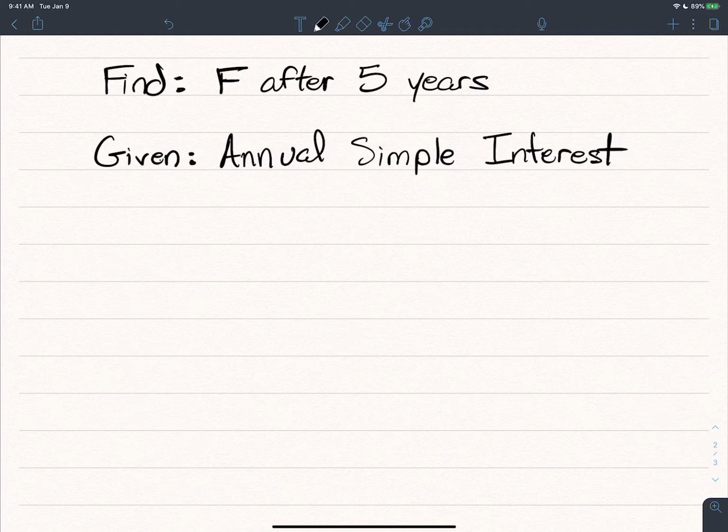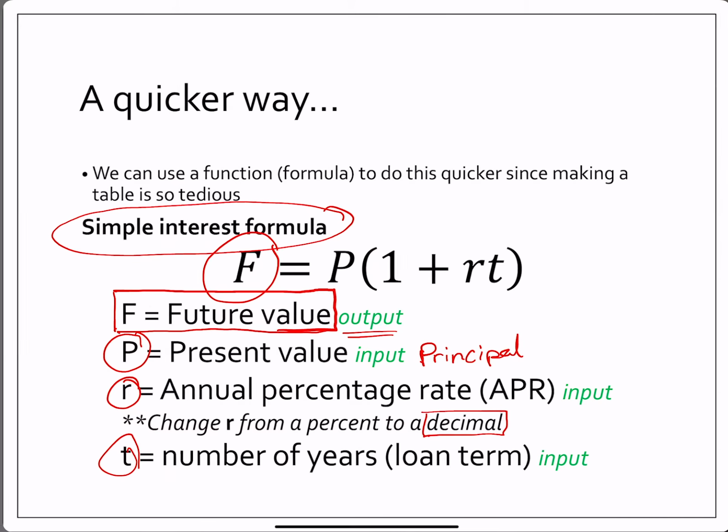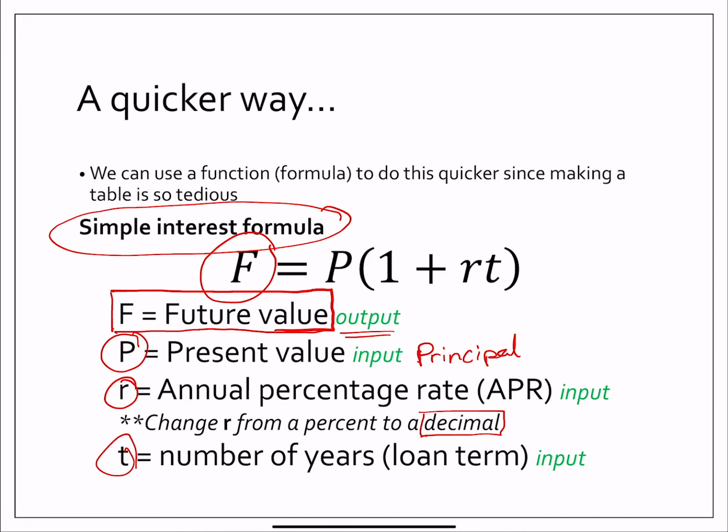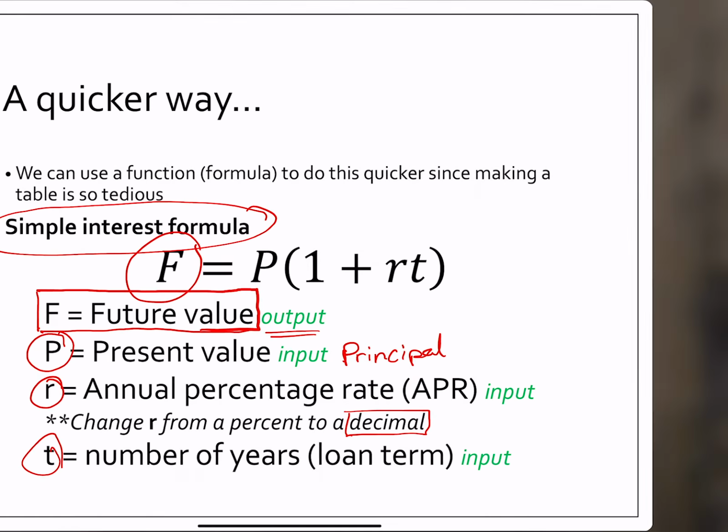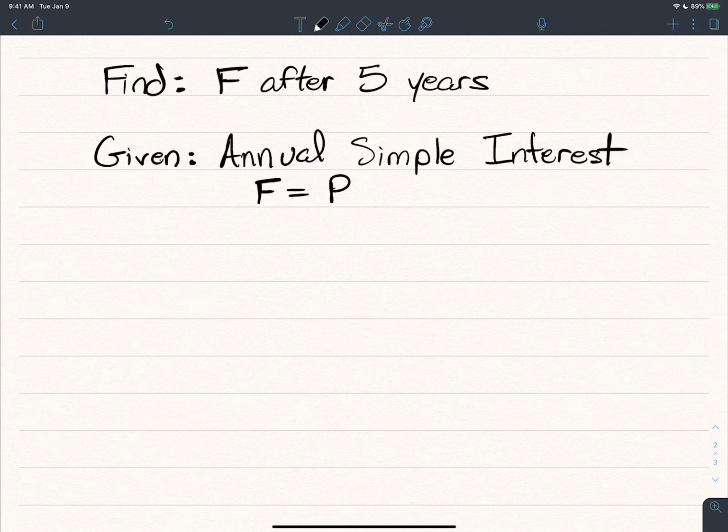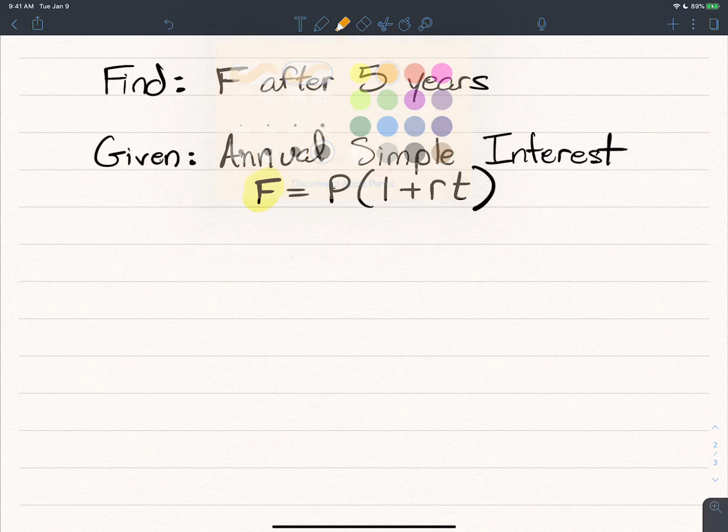Now, for our annual simple interest formula, we're going to start by writing it down. Our annual simple interest formula was F equals P times 1 plus RT. So let's write that down. And we know that we're trying to find F, but what do we need in our given?